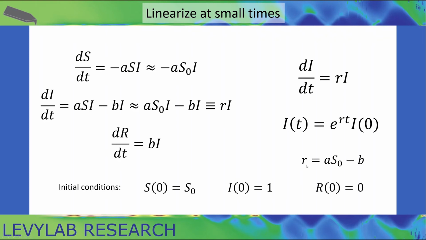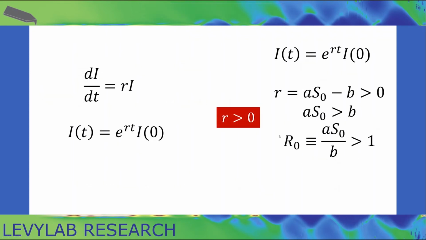So r is the parameter which is going to tell us whether we have exponential growth or exponential decay. And that makes all the difference in terms of an epidemic. So if this lowercase r is greater than 0, then we're going to have exponential growth.